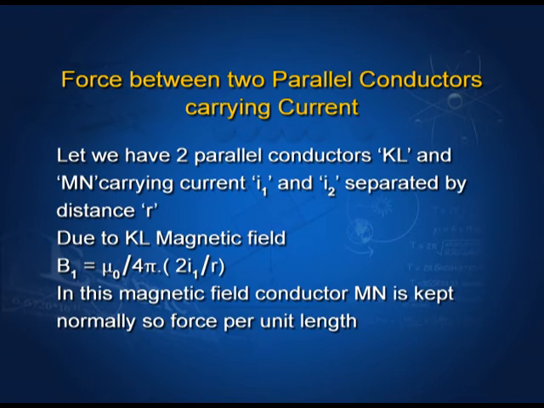In this magnetic field B1, the conductor MN is kept normally, so it experiences some force. The force per unit length F21, that is the force experienced by second conductor due to the magnetic field of first conductor, is equal to μ0 upon 4π into 2 I1 I2 divided by r. The SI unit of this force will be Newton per meter.